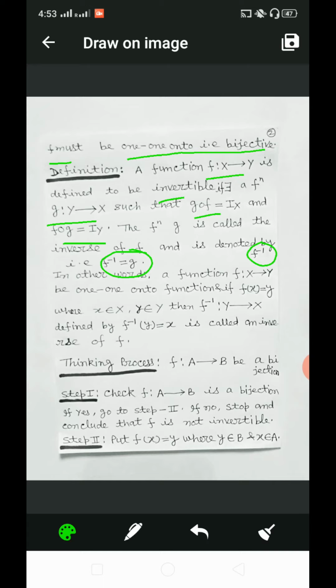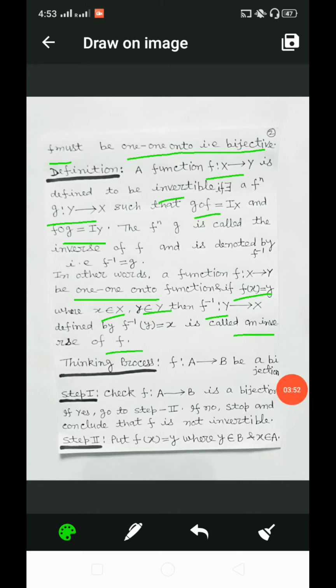In other words, we can also define: a function f from X to Y is one-one onto. If f(x) is equal to y, where x belongs to X, y belongs to Y, then f inverse from Y to X defined by f inverse(y) equal to x is called the inverse function of f.